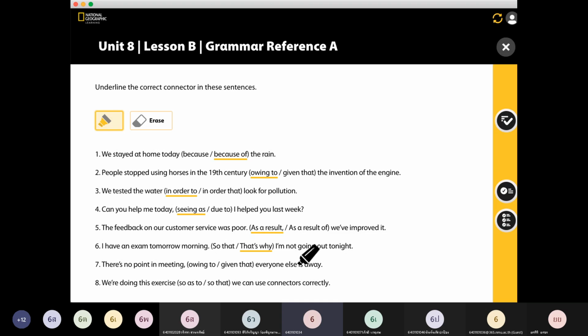Number seven, given that. Okay, given that. And the last one is so that. Okay, so that.